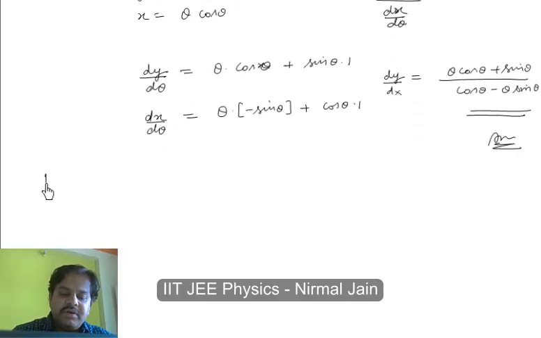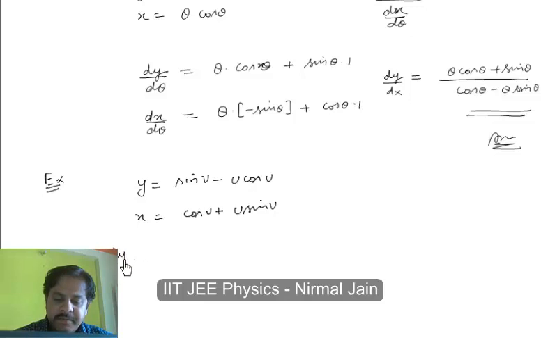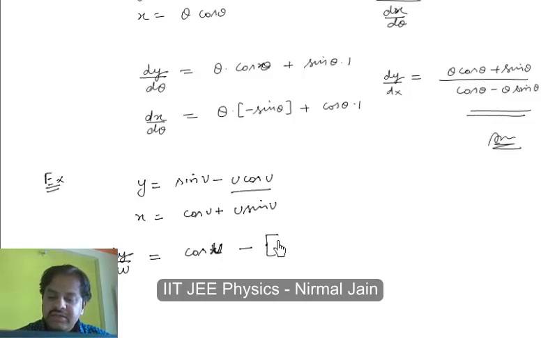If we take one more example, y = sin u minus u cos u, and x = cos u plus u sin u. To find dy/dx, I will first find dy/du. Sin u becomes cos u, minus the differentiation of u cos u: first function as it is, second function differentiation, plus second function as it is, first function differentiation.